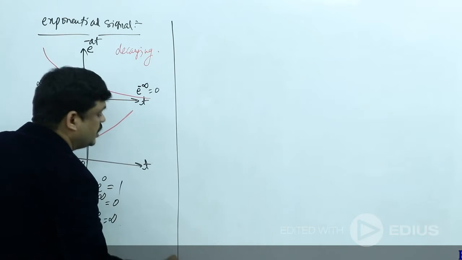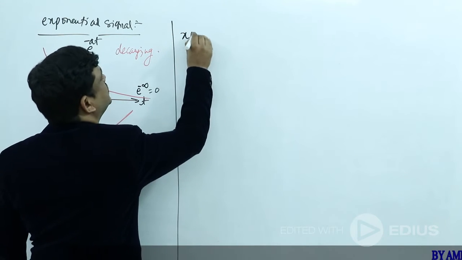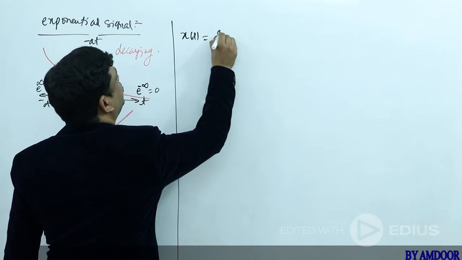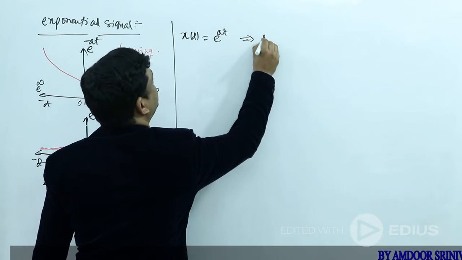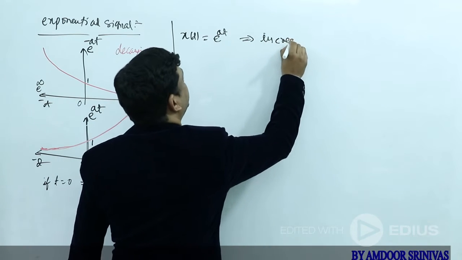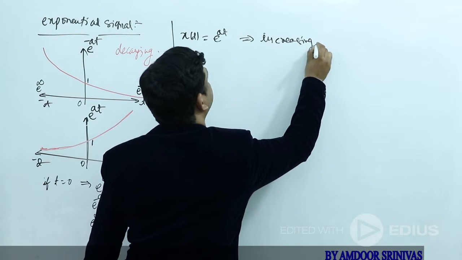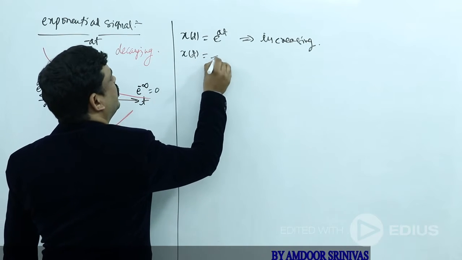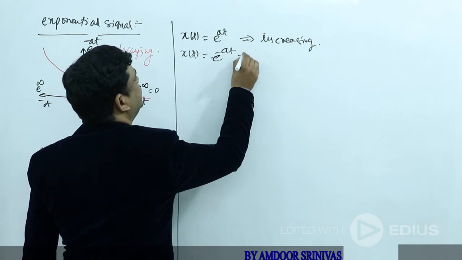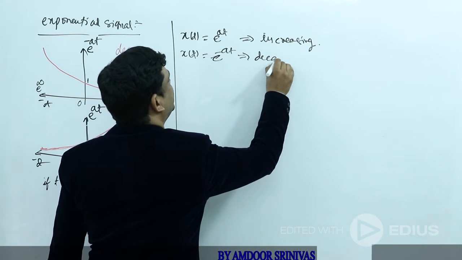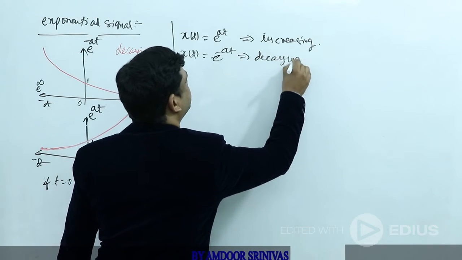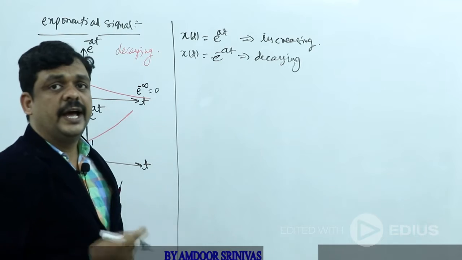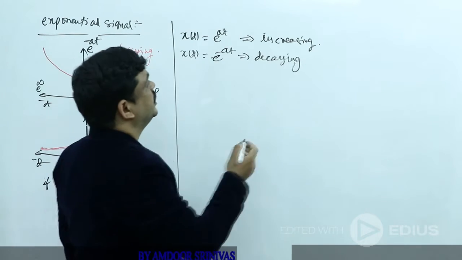So from now onwards, we write the functional representation like this. X of t is equal to e to the power of at. This is the exponentially increasing function, right? And x of t is e to the power of minus at. This explains the exponentially decaying function.